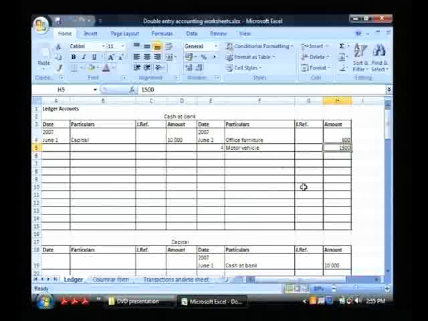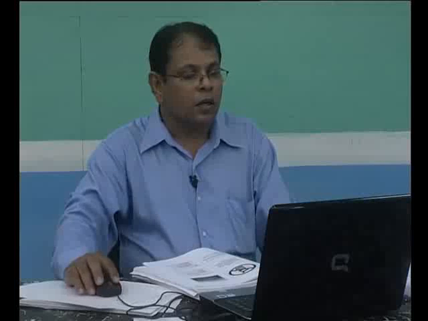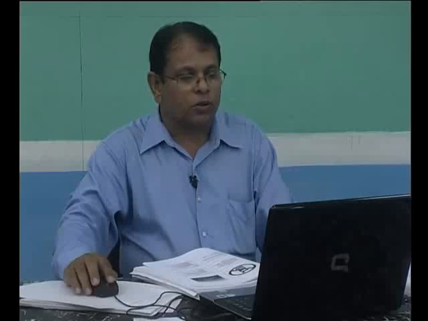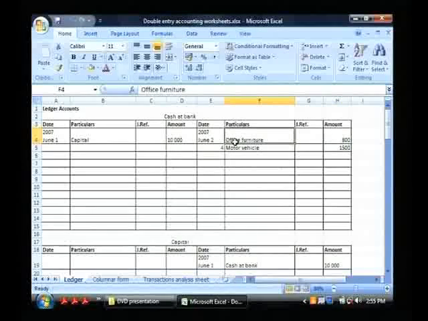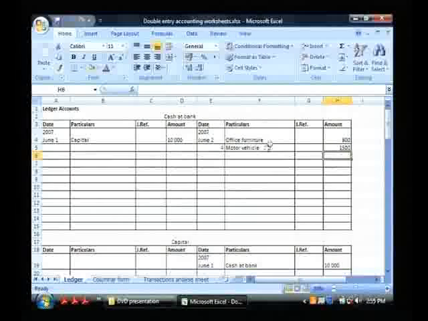As we have learnt, double entry accounting is an accounting system under which every transaction is recorded in 2 or more accounts with equal debits and credits. In this illustration, most of the transactions involved 2 accounts, but this particular transaction involves 3 accounts. Sometimes it is possible to have more than 3.